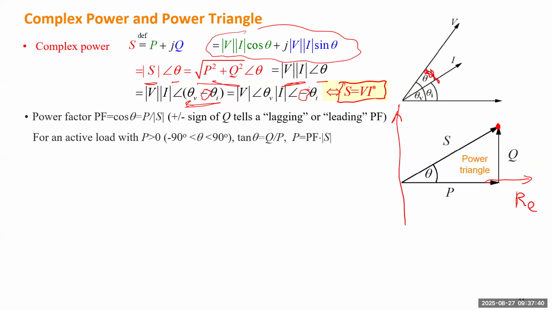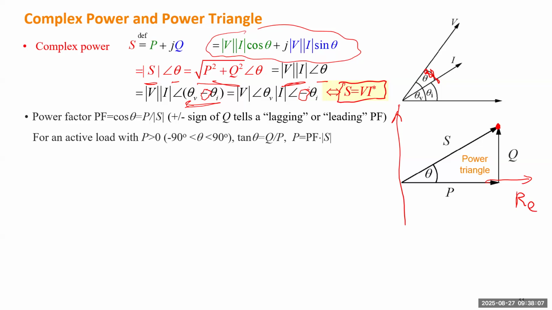When P is positive, we only need to make theta be in the first quadrant or fourth quadrant, right? So P will be pointing to the right-hand side, not the left-hand side. If P is to the left, that will be negative P. But for this case, that will be active power. But theta can be either positive or negative.